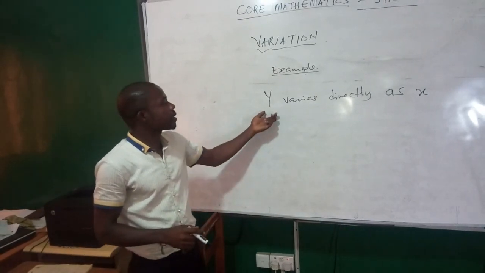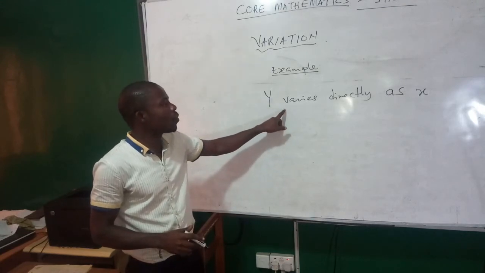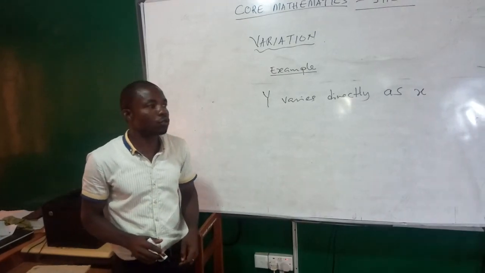Write this symbolically, that is with the variation symbol, then you introduce your k. You have 1 minute to do that.